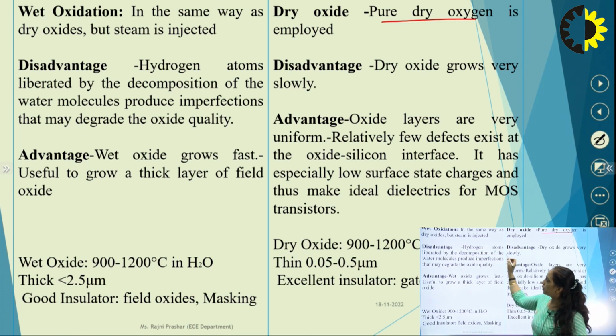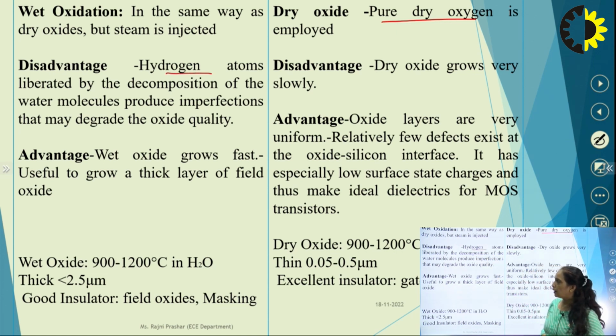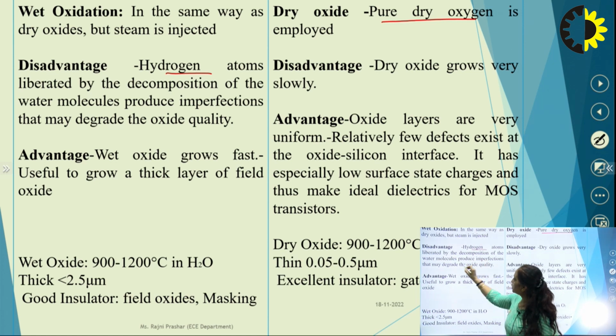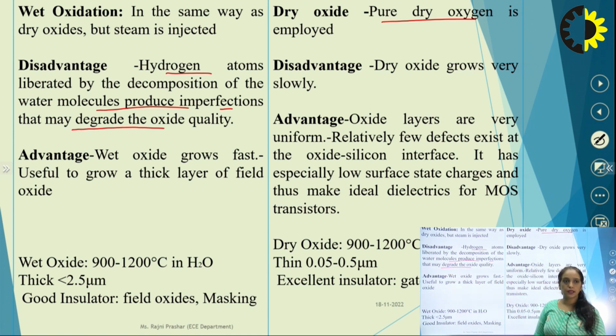Among the drawbacks, in wet oxidation we have hydrogen atoms as a residual, liberated by the decomposition of water molecules, which produces some imperfections that may degrade the oxide quality. And dry oxidation is a bit slow process. That is the only drawback with dry oxidation. It is a very slow process. Okay.